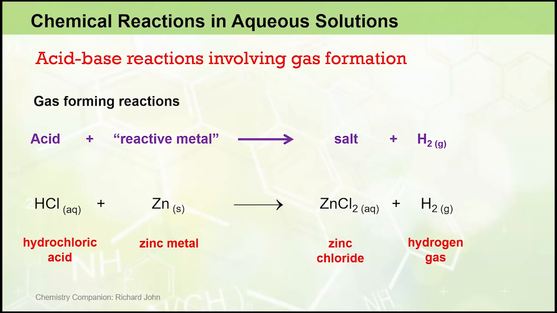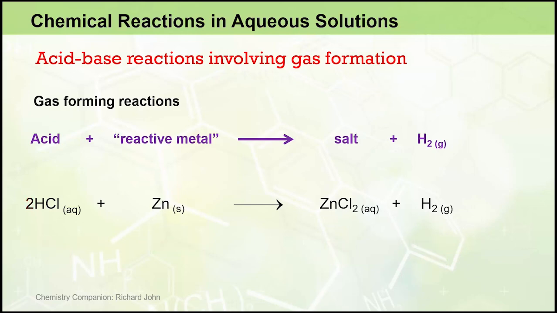We have 1 chloride on the left-hand side and 2 chlorides on the right-hand side. And we have only 1 hydrogen on the left-hand side, but 2 on the right-hand side. To balance this, we place a stoichiometric coefficient of 2 in front of the hydrochloric acid, and we now have our balanced chemical equation written in the form of a full molecular equation.